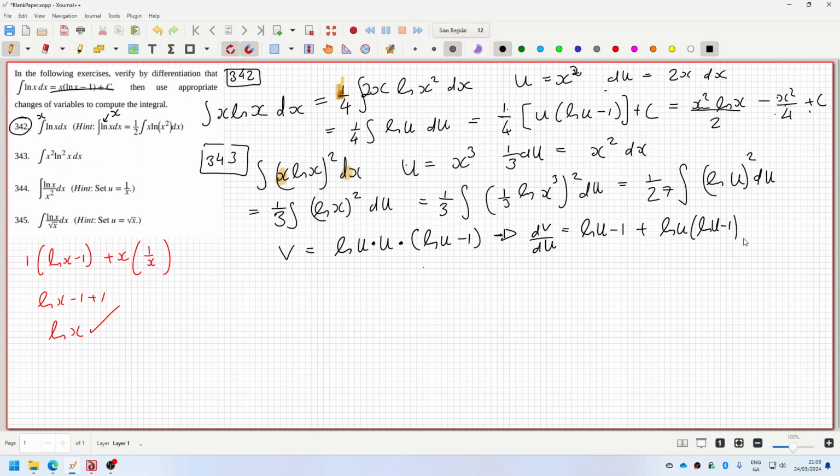And then differentiating this would leave you with u times log u and times then 1 over u minus 0. So that cancels with that. So what you get is dv du equals log u minus 1 plus log u squared plus log u.